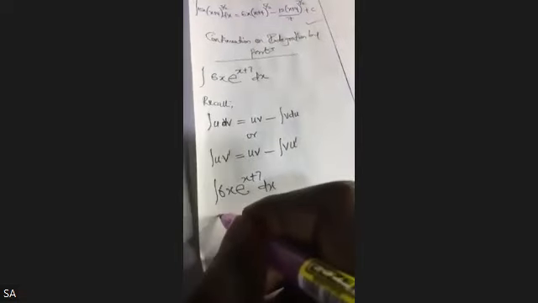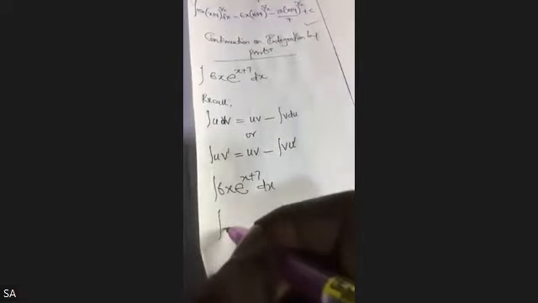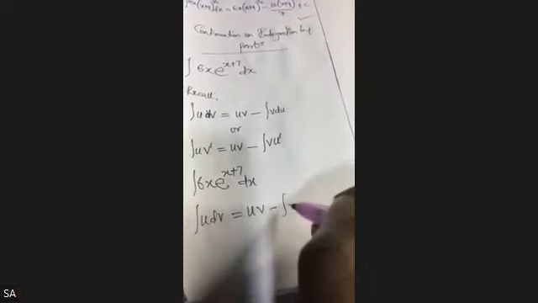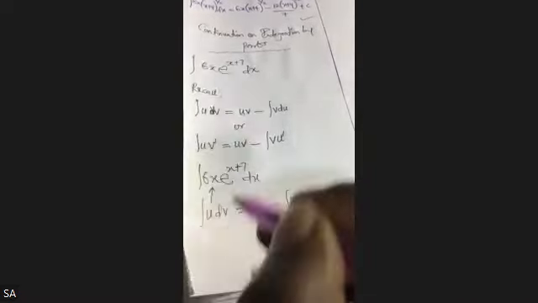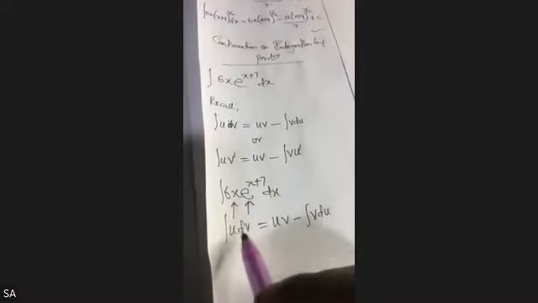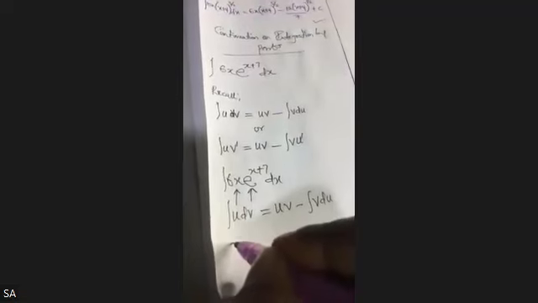The formula is integral u dv equals uv minus integral v du. So it shows that this is u and this is dv. I did this so that you can see from the formula that the question you are given is exactly the left-hand side of the equation. So this is the left-hand side, and this is the right-hand side.